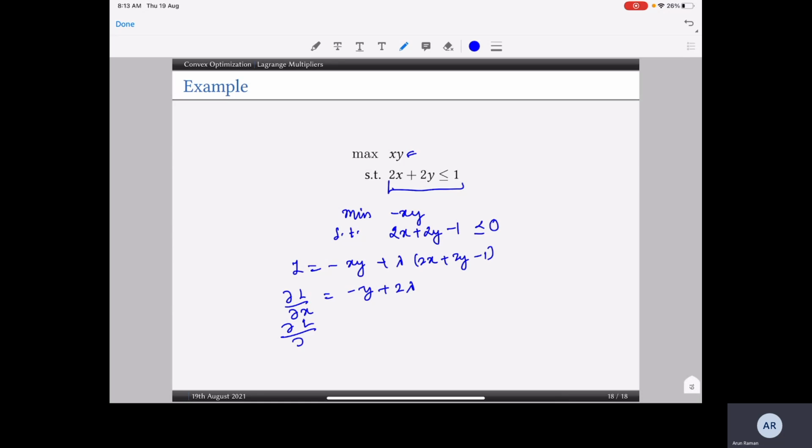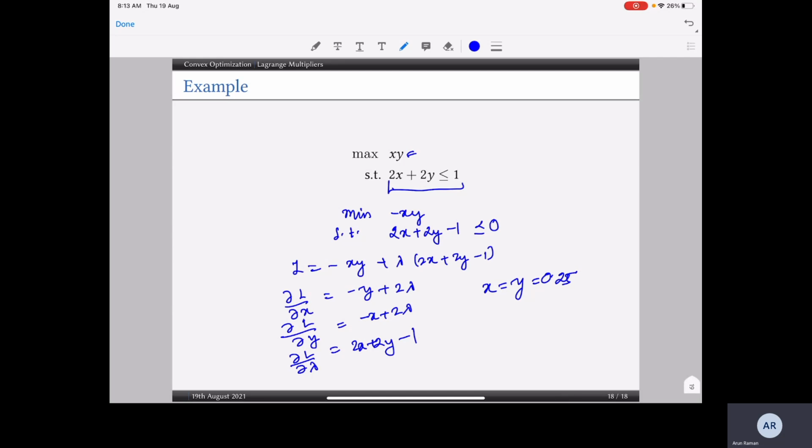Dou L by dou y will be minus x plus 2 lambda, and dou L by dou lambda will be 2x plus 2y minus 1. All of this will be 0. We equate these to 0, and when we solve this, you can verify that this is the value that we obtain.